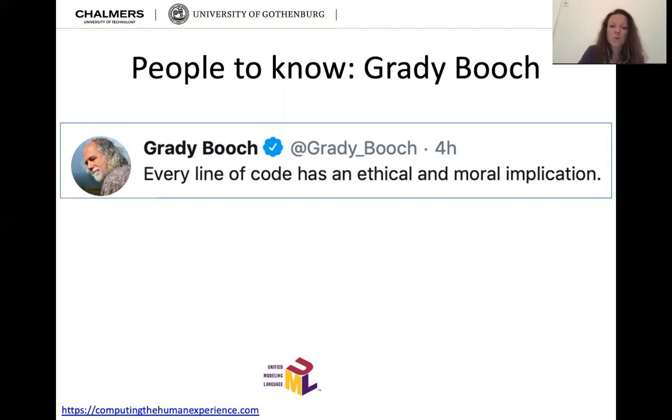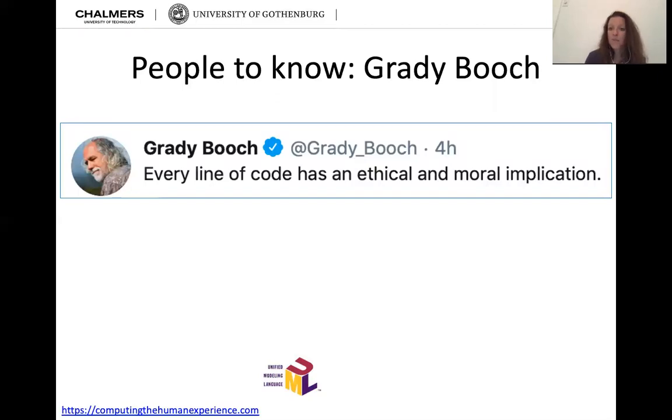One of his quotes that I like most is: every line of code has an ethical and moral implication, which means that we software engineers have the long-term responsibility for the systems that we build. I fully agree with that, and I find it very important, and it's going to come up throughout the course a number of times.